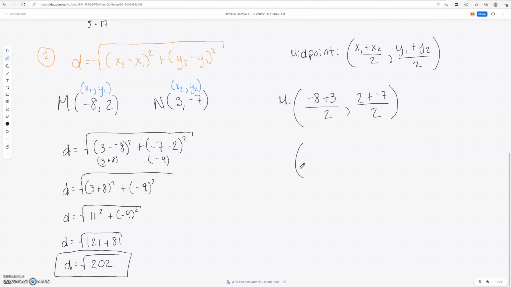So we have negative 8 plus 3 is negative 5 over 2, and 2 plus negative 7 is also negative 5 over 2. So that is your midpoint for those 2 points. Okay, and so that's how you do that.